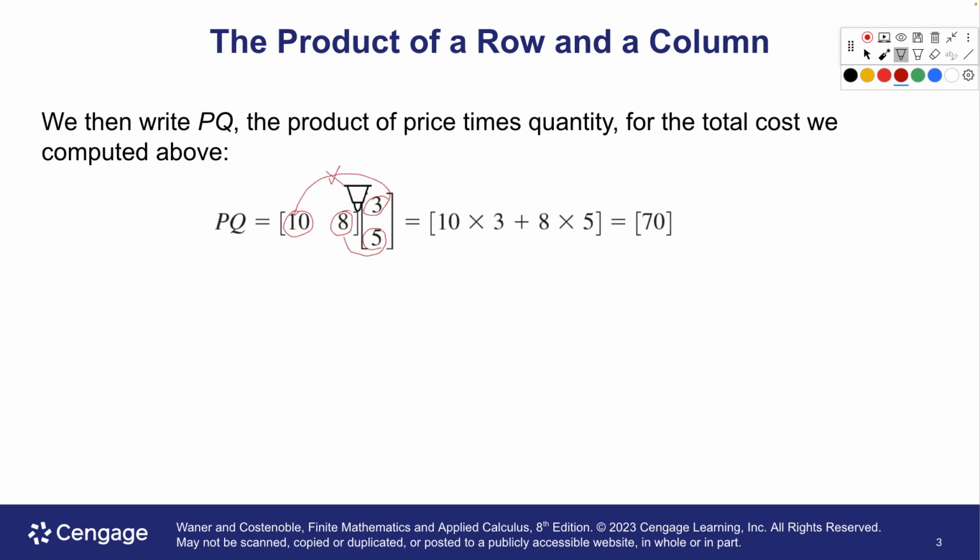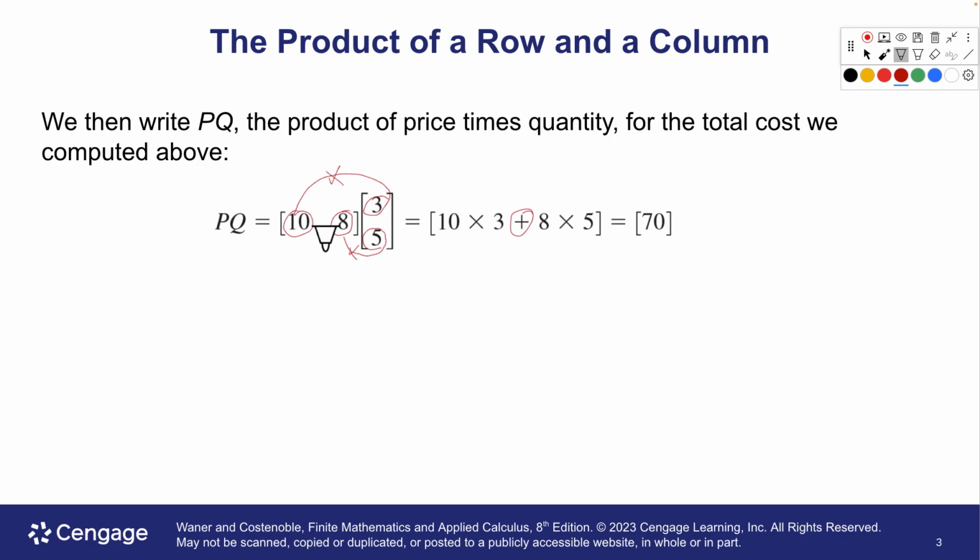So 10 times 3, 8 times 5, and then we add that result together. And we're going to do this on several examples, so you're going to see how this works. And it gets a little bit more complex as we get more rows and more columns going along.